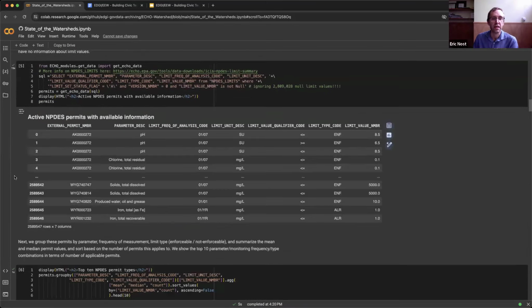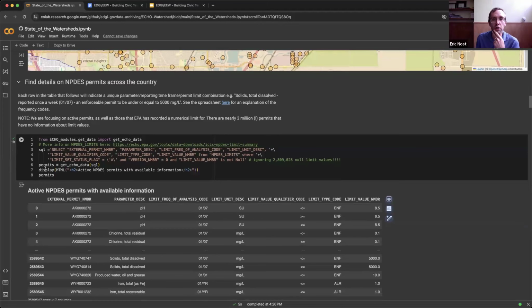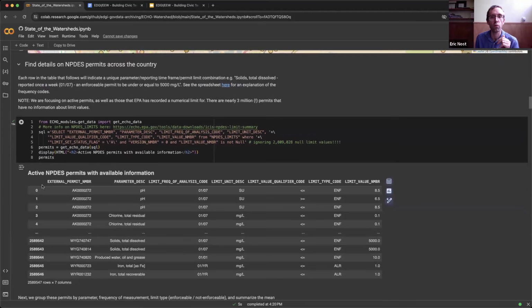Now, we also want to be able to compare what's going on nationally. So here we look up all of the permits under NPDES for the entire US and what parameter or pollutant is being regulated, how frequently those have to be analyzed, and to what level the permit is at.